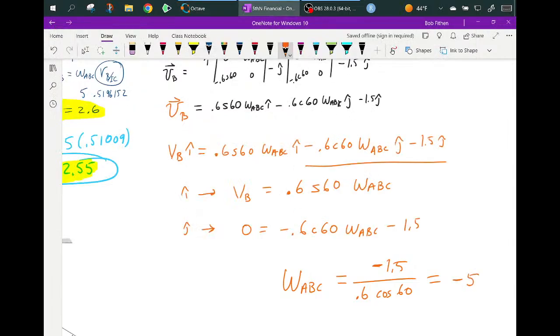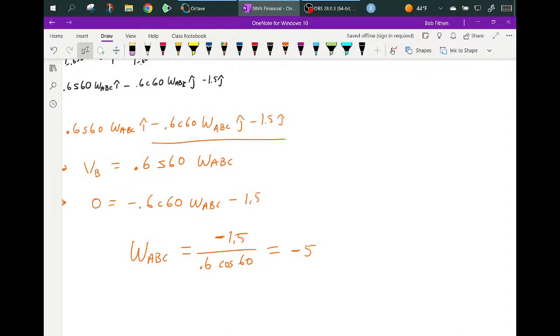Now, before I go any further, we have to realize this. This was x, this is y, this was what was defined as positive. So this means that omega ABC is moving 5 this way.